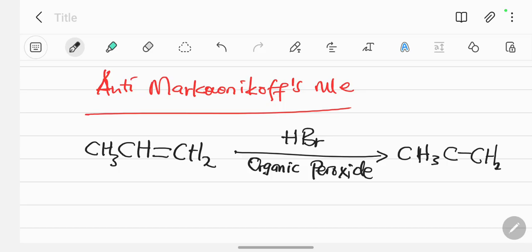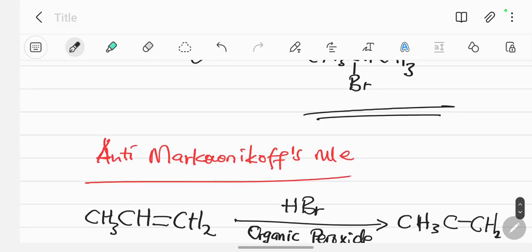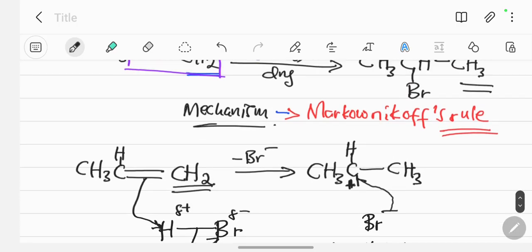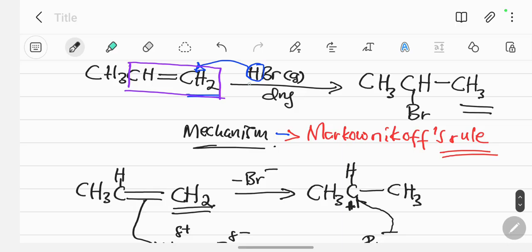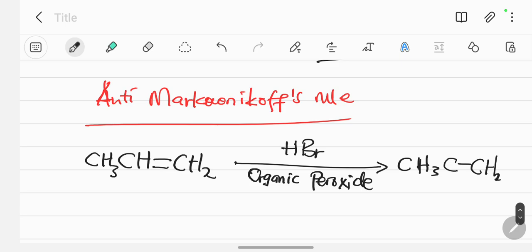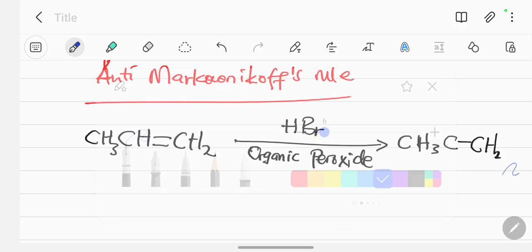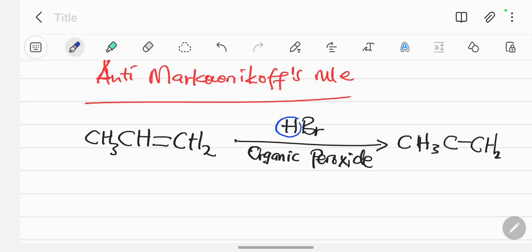That's true, but in anti-Markovnikov's rule, remember in Markovnikov's rule we said the hydrogen goes to the carbon atom with the highest number of hydrogen atoms. But now for this one, it's going to get this hydrogen. In anti-Markovnikov, we get that hydrogen and give it to the one having the least number of hydrogen atoms.